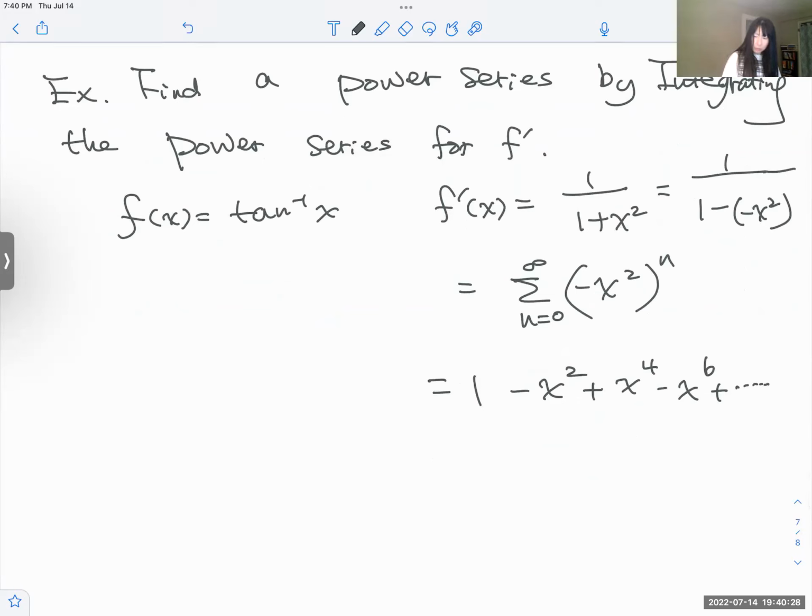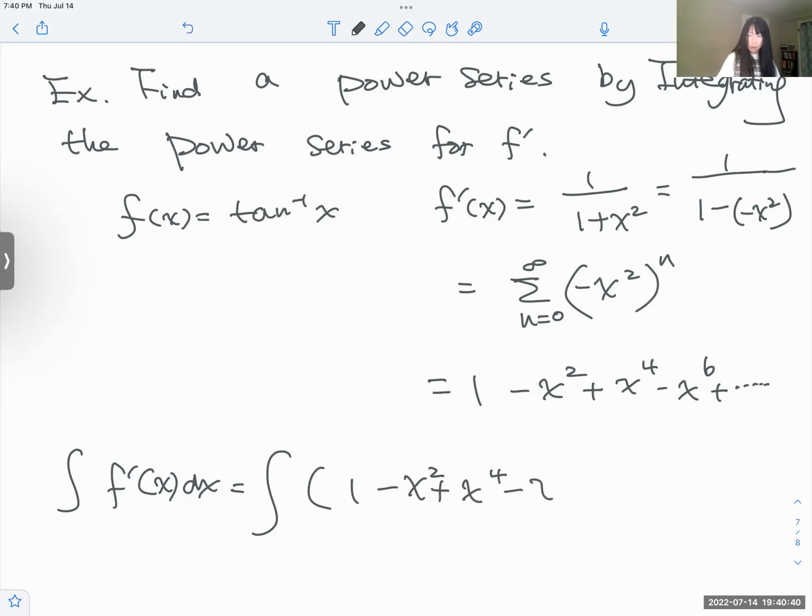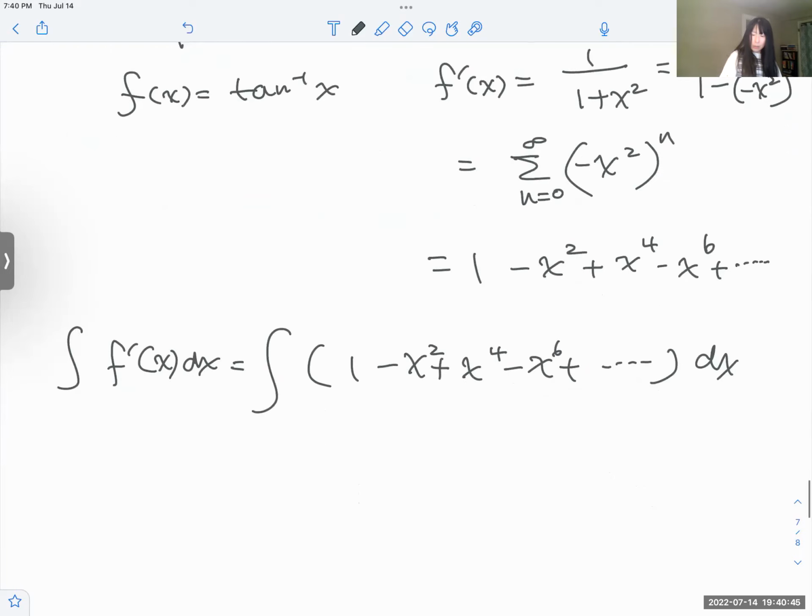Now we're gonna integrate. So we integrate 1 minus x squared plus x to the fourth power dx. All right. So we integrate. What do you get? Let us do term by term. We integrate this one.